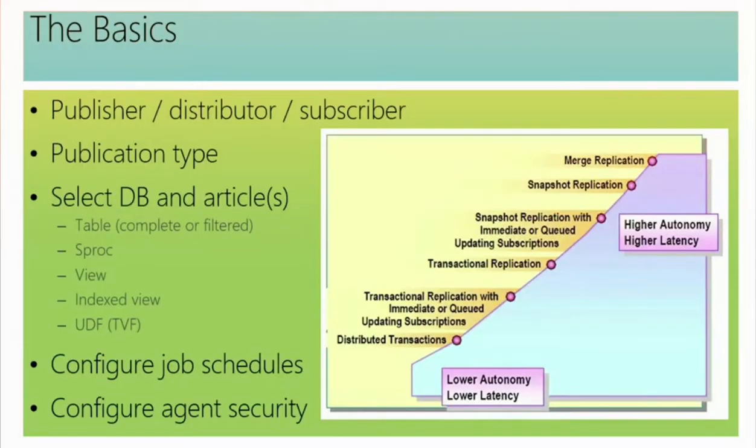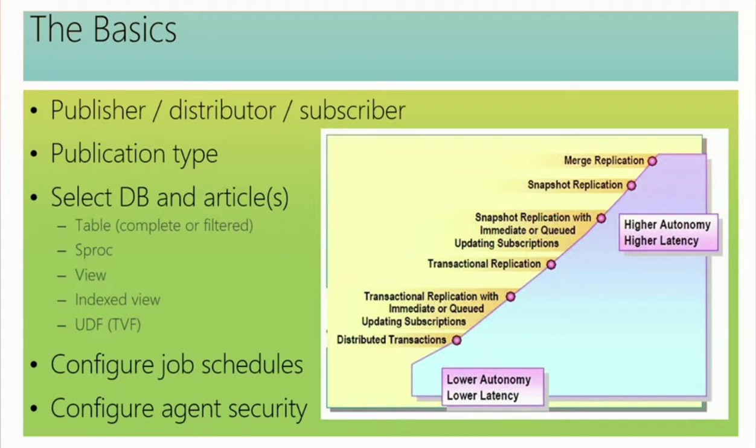Now, as far as data distribution, that's part of what this is all about, data duplication, data distribution. You're going to see a graph on the slide here which illustrates a balancing act: autonomy versus latency. There are times where I might have a copy of a database or a copy of an article, and I want it transactionally very consistent with the original object.